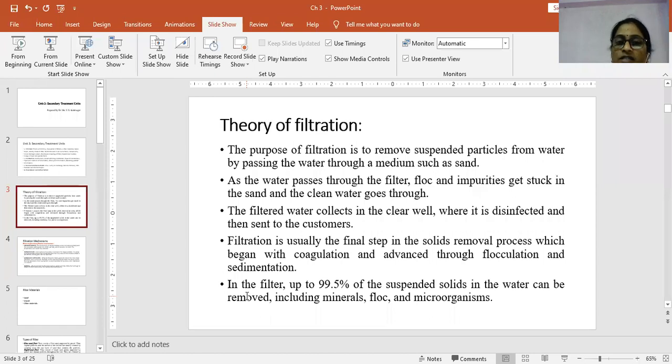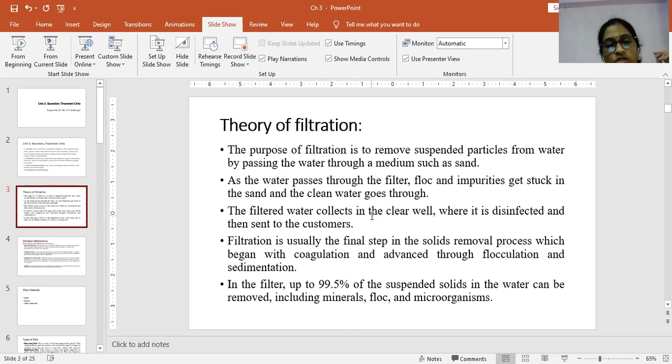Then to increase the efficiency of the sedimentation tank, we can add coagulants and remove further particles. Particles that are still not able to settle down can be removed along with coagulation, as well as tube settling or plate settling, which we can use to increase the efficiency of sedimentation.